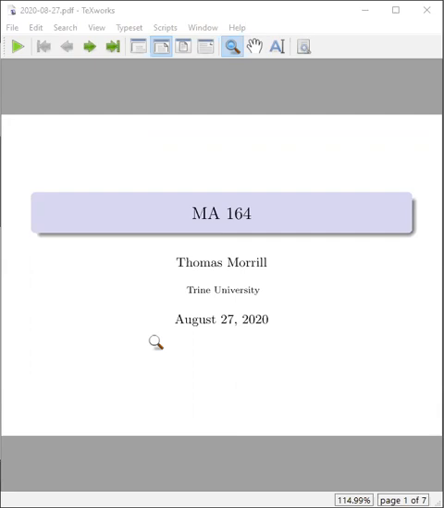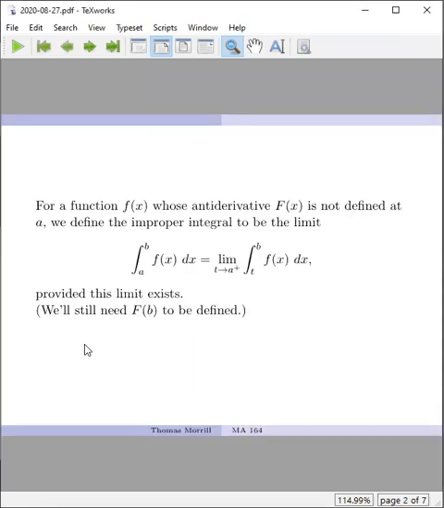Now let's look at the formulaic way of calculating these improper integrals. The problem that I'm running into is that I have a function f of x that I'm trying to integrate on the interval from a to b.